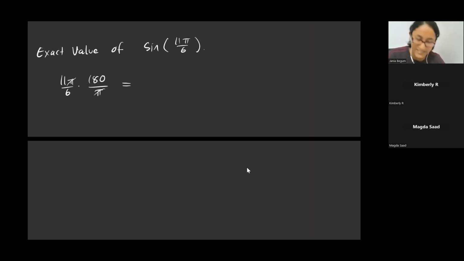What's 11 times 180 divided by 6? 330. Okay, thanks. So this is 330 degrees. So now you can just rewrite 11 pi over 6 as sine of 330 degrees. Now that's easy to work with, right?